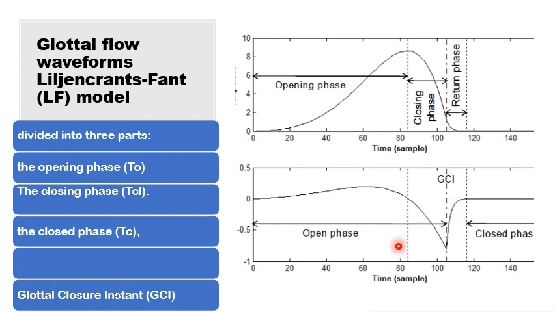The open phase, on the other hand, is also made up of two smaller sub-phases. The opening phase, when there is acceleration in the flow until it reaches a maximum, and then the closing phase when the glottis starts to close up again and the flow starts to decline until it reaches a minimum at the glottal closure instant.